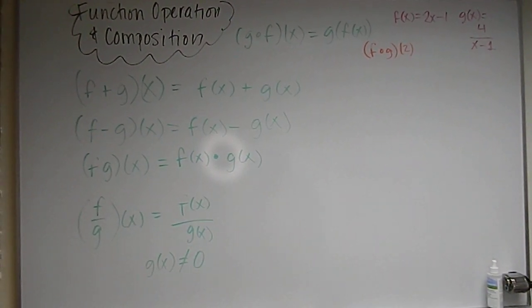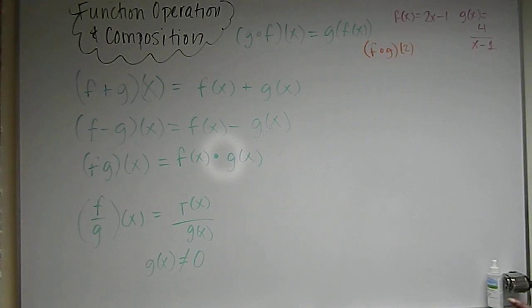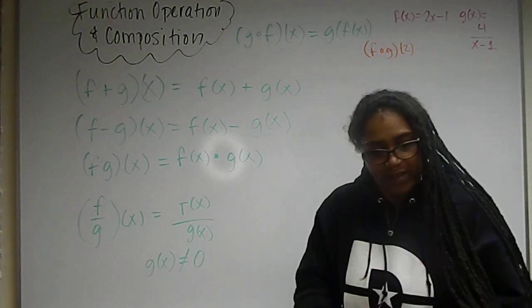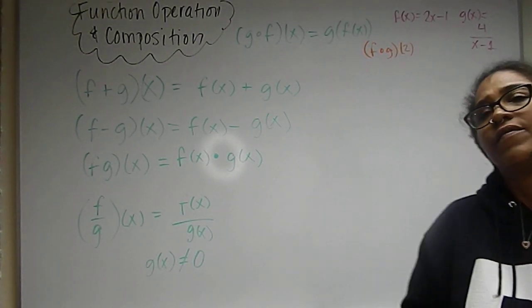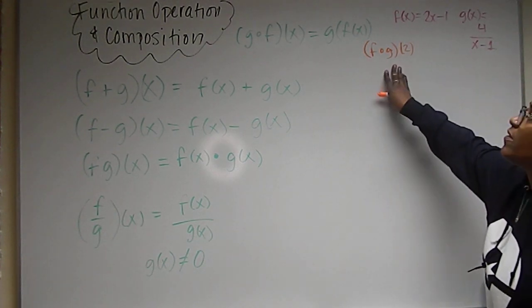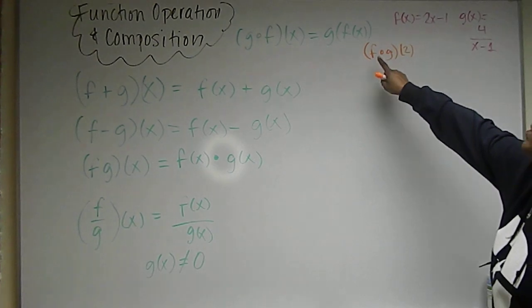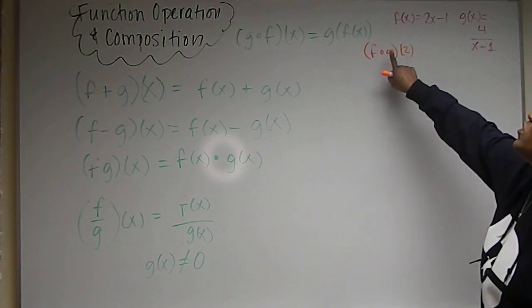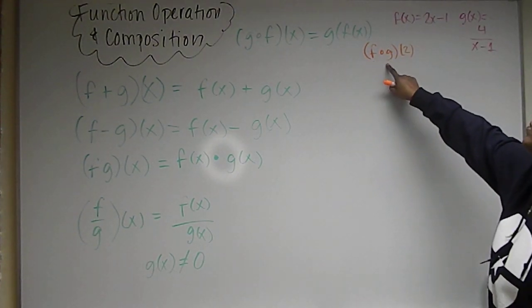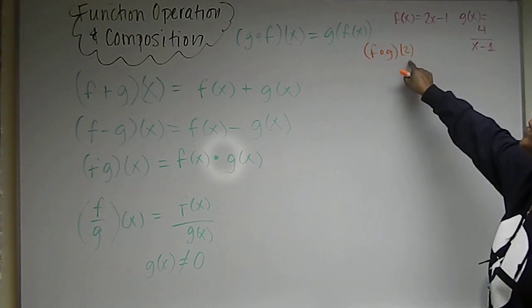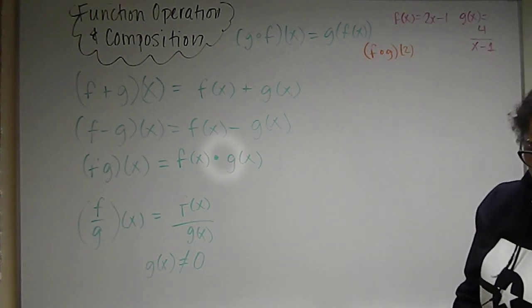All right. So when I left, the time was ending. I was working on the composition of functions, right? When we're putting g of x into f of x. Sound like a plan?